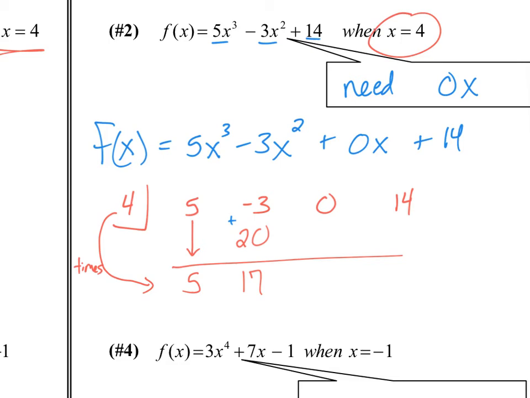Now it's 4 times 17, and that goes in the next blank. Then we add these up. 0 plus 68 is 68. Then 4 times 68 is 272, and then 14 plus 272. Again, we're adding these up, and you would get 286.